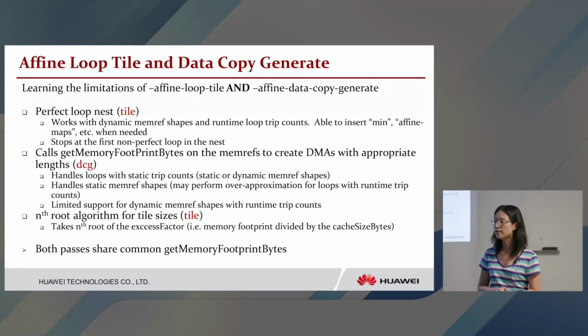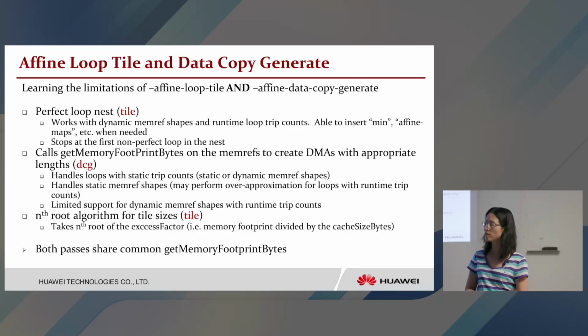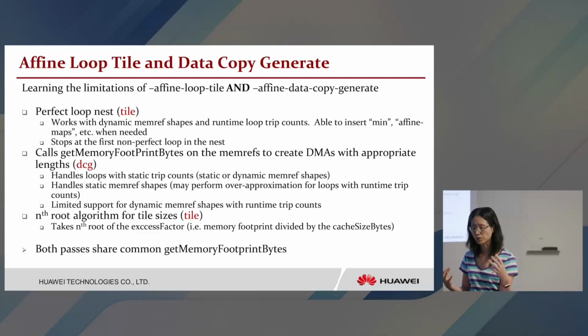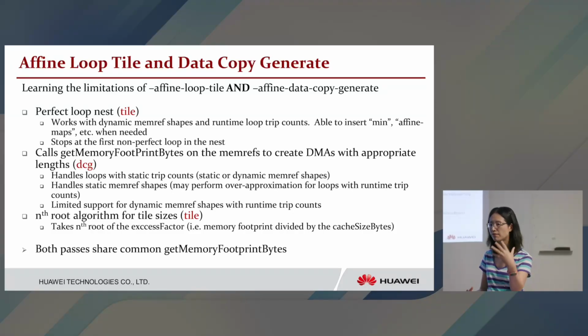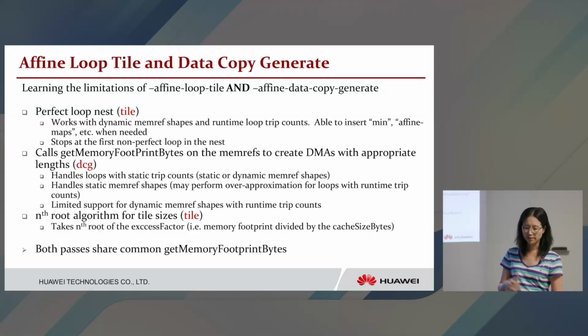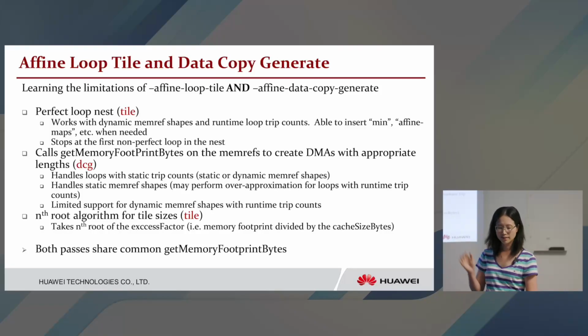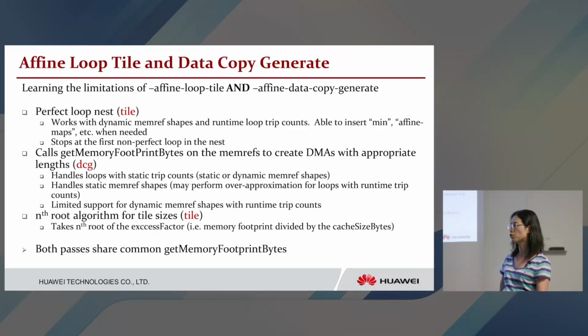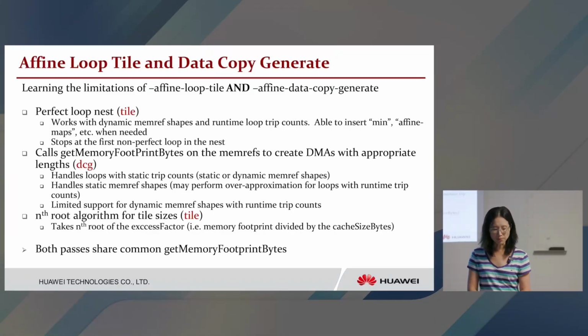We don't know, because the dependency analysis, with the whole dependency polyhedron infrastructure, does support memrefs that are not inside perfect loop nests. So why does affine loop tile not support non-perfect loop nests? I don't know, that's what it is. But it does do very well of supporting dynamic memref shapes, runtime trip count loops, happily inserting min or affine maps for you, not a problem.